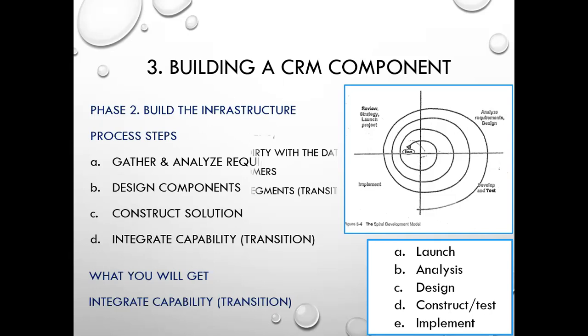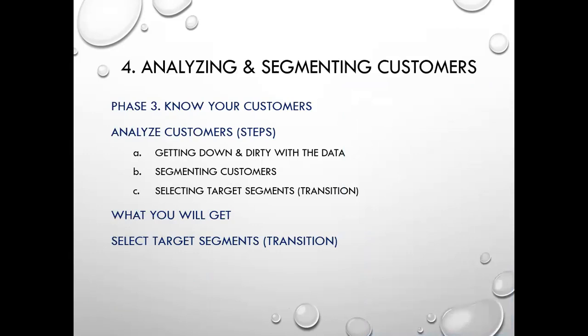Now we have to move to the fourth topic, that is analyzing and segmenting customers. Under this heading, we have the third phase that we have discussed in the CRM program life cycle. The third phase is know your customers.